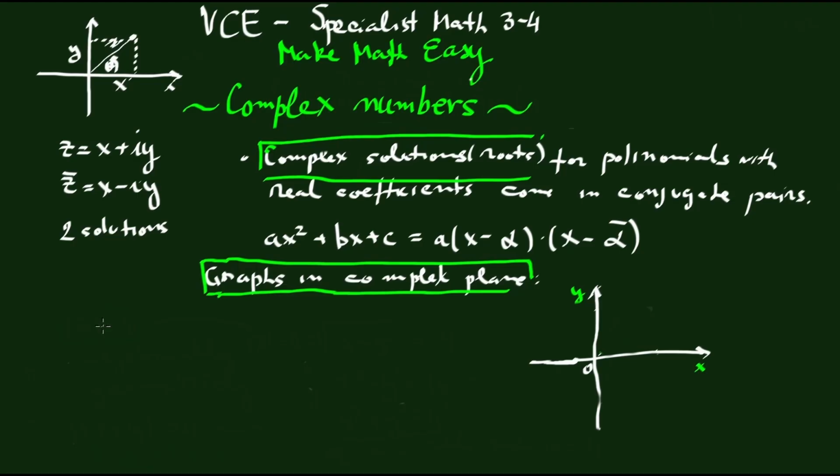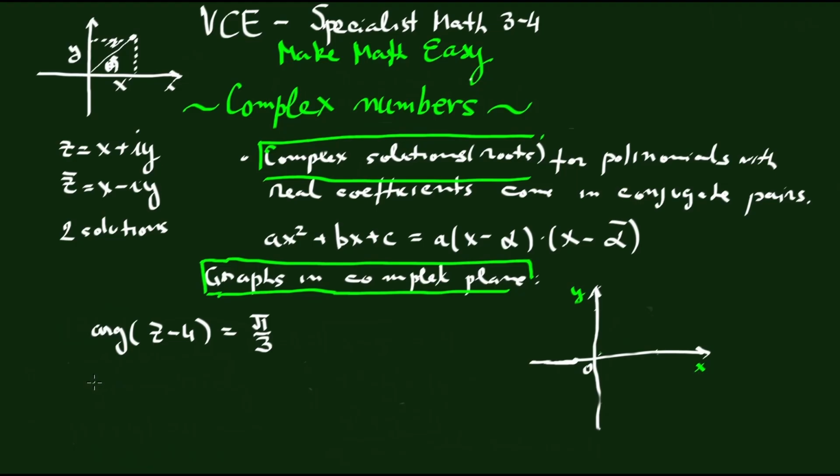So let's try another example. If you're given the argument of z minus 4 equals, say, pi third, what do you know? You do know the argument, but you don't know x and y.